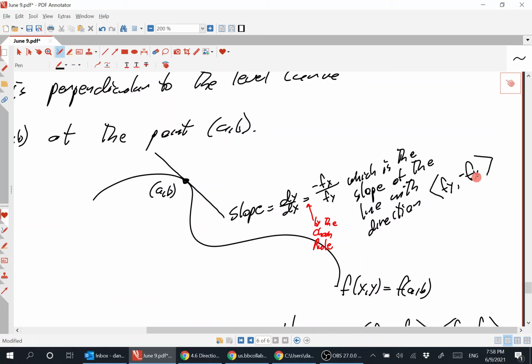All right, the run is negative fx, that's the numerator. The rise is the denominator. And that has dot product 0 with the gradient of f, which is (fx, fy). All right, so the gradient is perpendicular to the level curves.